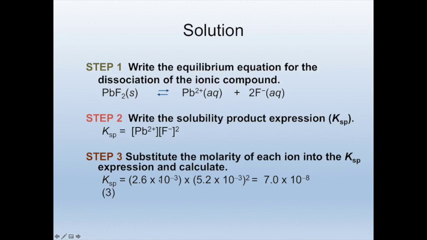We also know that if 2.6 times 10 to the minus 3 molar lead ions are produced, there's twice as much fluoride, so there's 5.2 times 10 to the minus 3, and we have to also square that. So this product is equal to 7.0 times 10 to the minus 8, which is option 3.